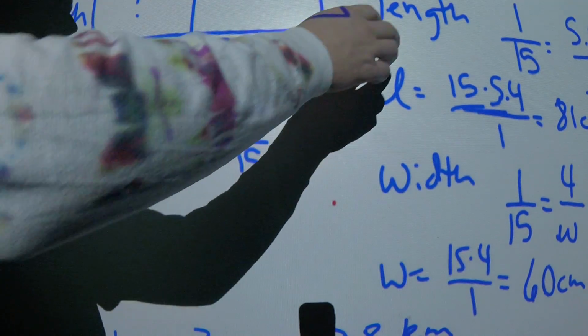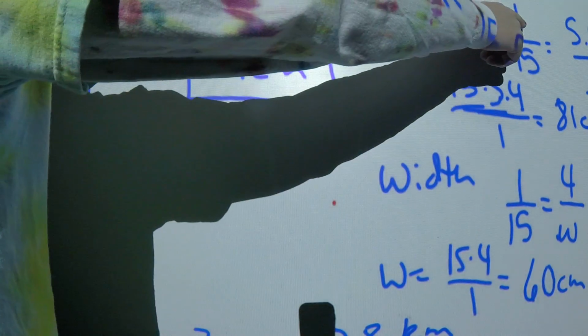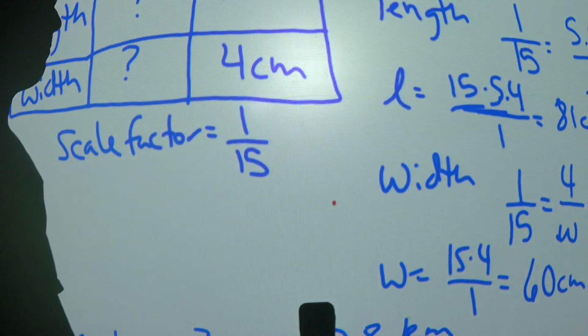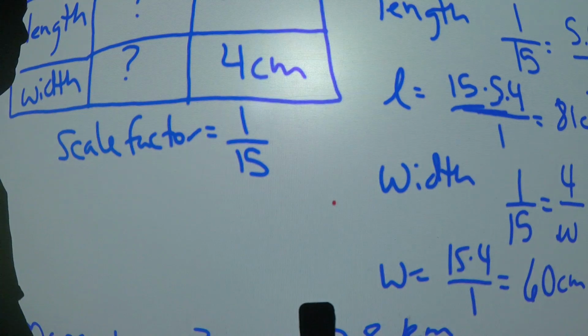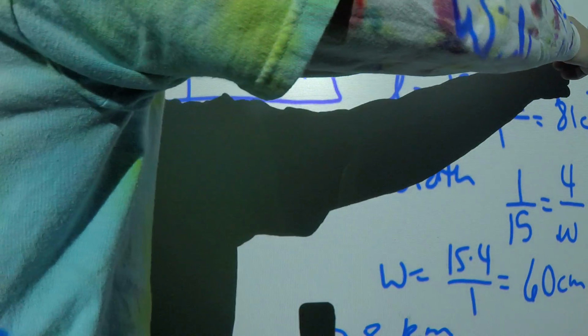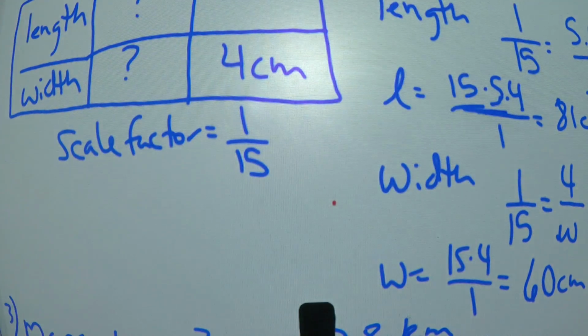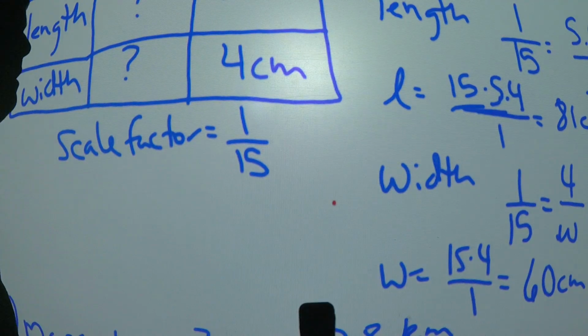All right? And you do that by finding the length. You take the scale factor 1 over 15. That means for every 1 centimeter, the painting would be 15 centimeters. And you set it up as 5.4 for the photo over the length. And now, if you took 15 over 1 and you put L over 5.4, it's not going to give you the right answer. You have to do it by the scale.